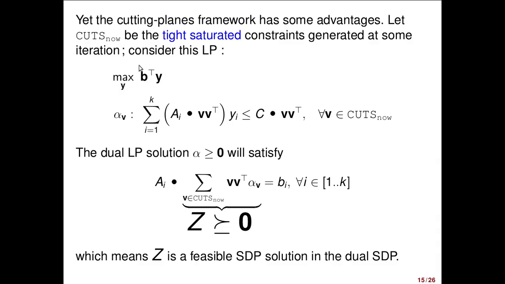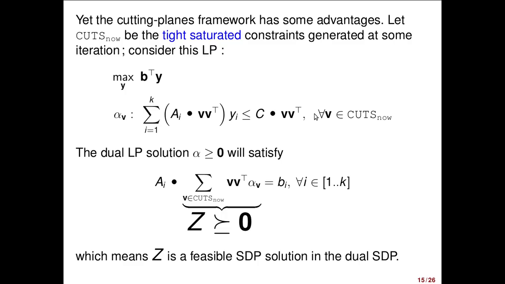Okay, and if I compute the dual constraints, I have one constraint for each i from 1 to k, I mean for each variable yi, and if we pay attention, take some minutes if you want to verify the calculations, I obtain this constraint. And here, by summing up over all v, and since alpha is positive, actually I obtain an SDP matrix. So the dual LP solution will give, and if you do all calculations, it's not very complicated to see that this matrix Z will become an SDP dual solution in the dual SDP.